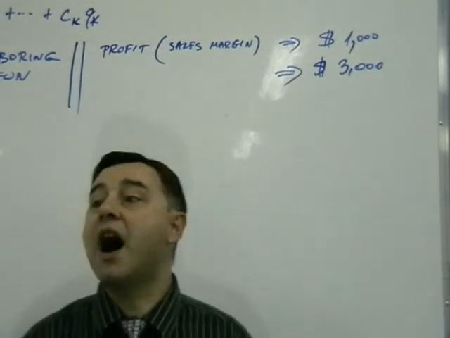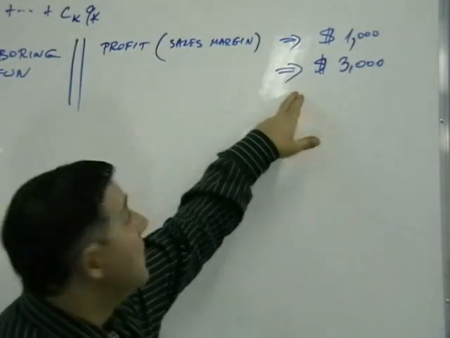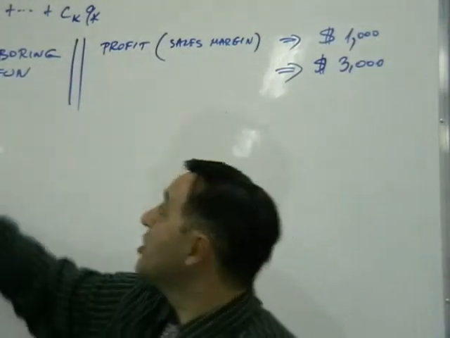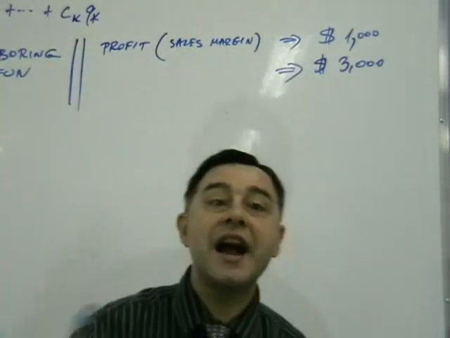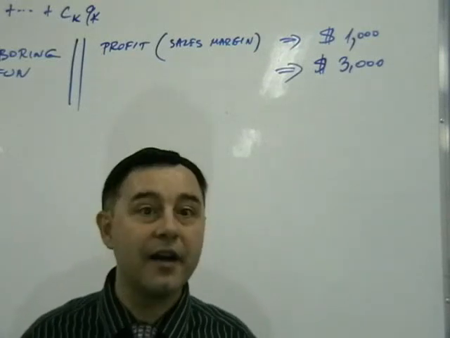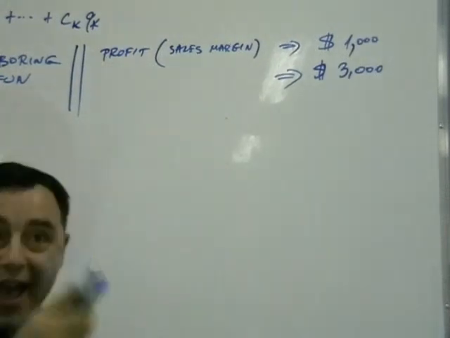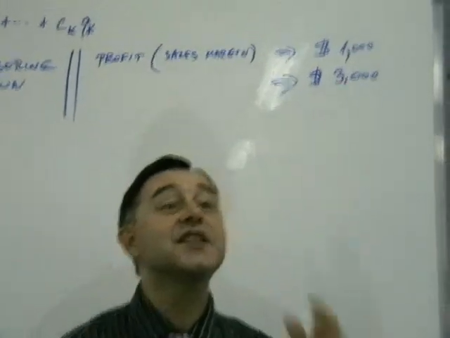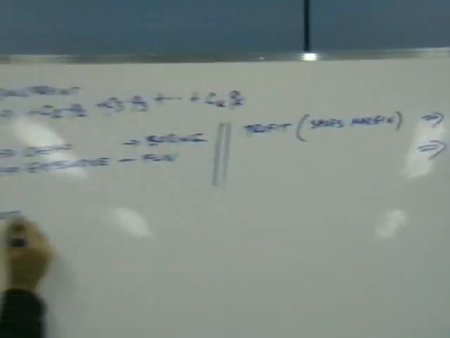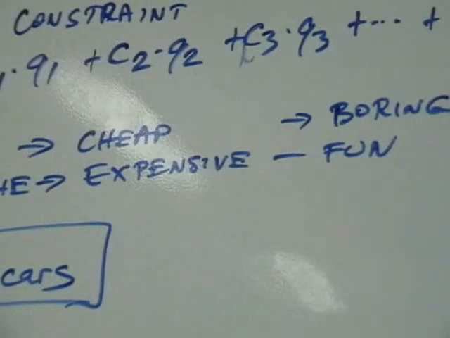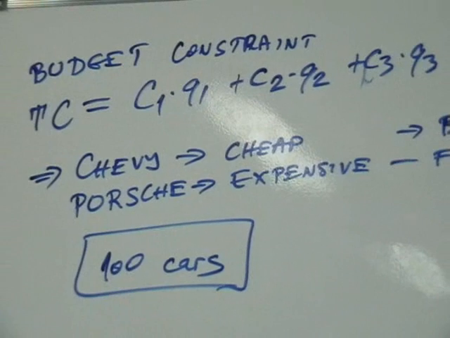So, if he has to buy once per month, and he has certain budget constraints, how many Chevys and how many Porsches is he going to buy? One Porsche, maybe 2 Chevy. So he has spots for 100 cars. In other words, here the budget constraint is not $1 million.